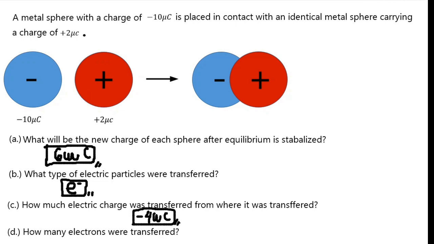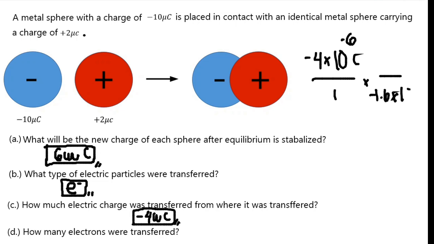How many electrons were transferred? We need to use the conversion process here again. The electric charge that was transferred was negative 4 times 10 raised to the negative 6 coulombs. What I did here is convert micro into scientific notation: micro is just times 10 raised to the negative 6. If you know Newtonian mechanics, I already taught about that.